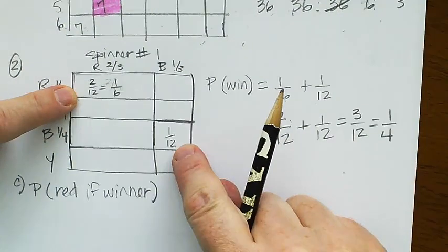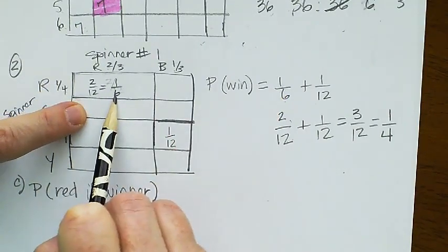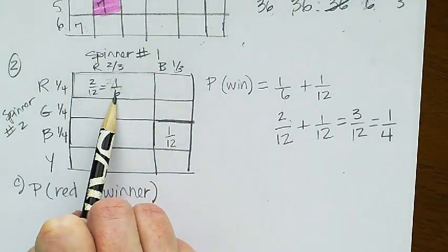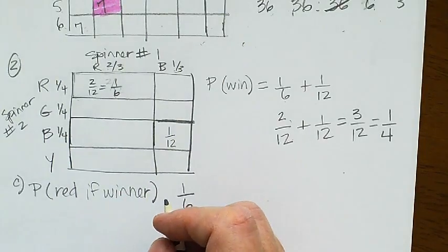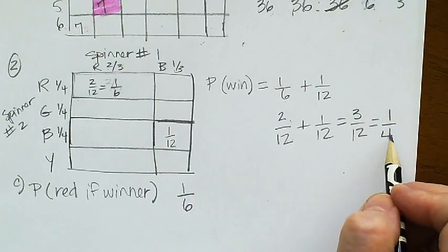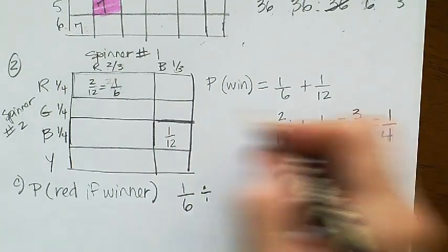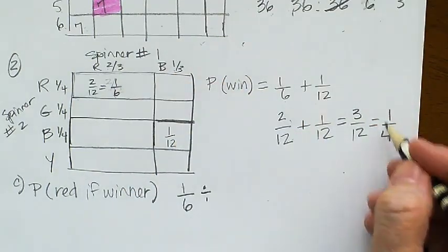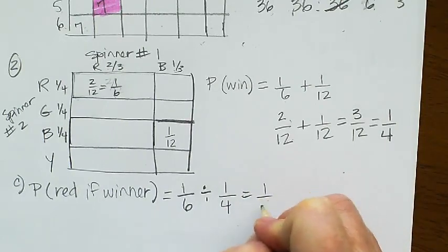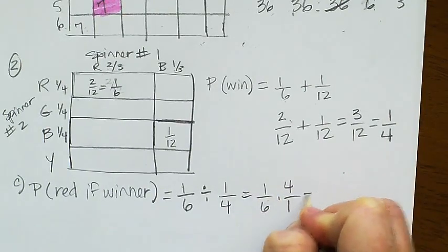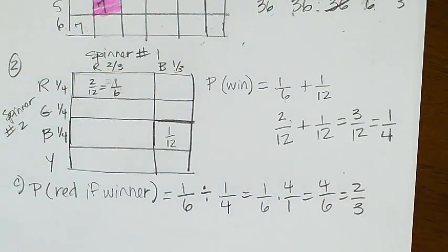So I'm only looking at these two probabilities, and I'm going to say, well, the probability of getting red is 1/6, so it's 1/6 out of the total of these, which was 1/4. So 1/6 divided by 1/4 would be 1/6 times 4 over 1, which would reduce to 2/3.